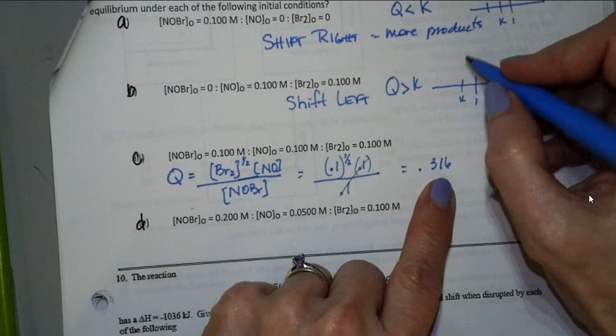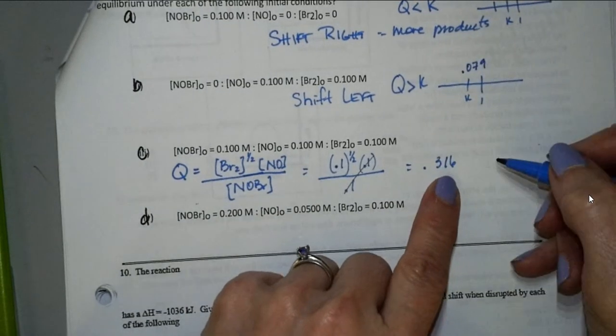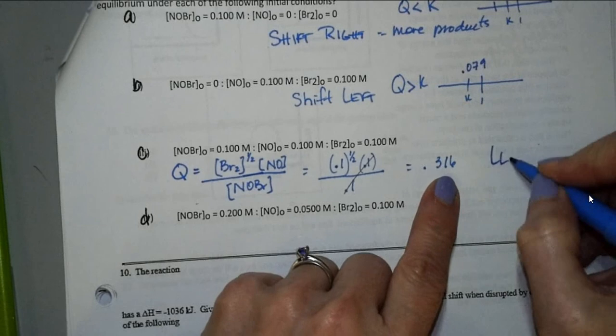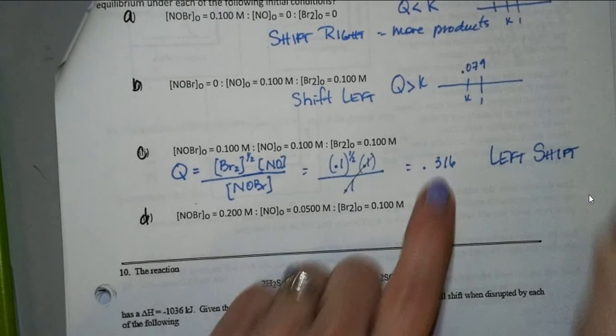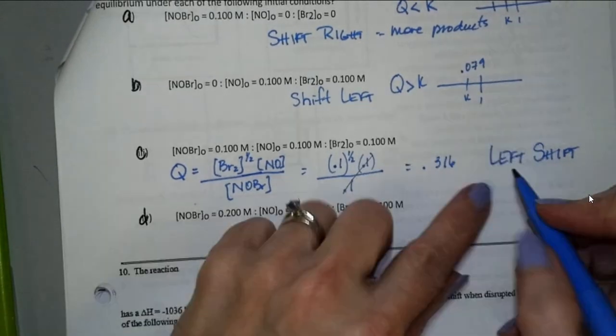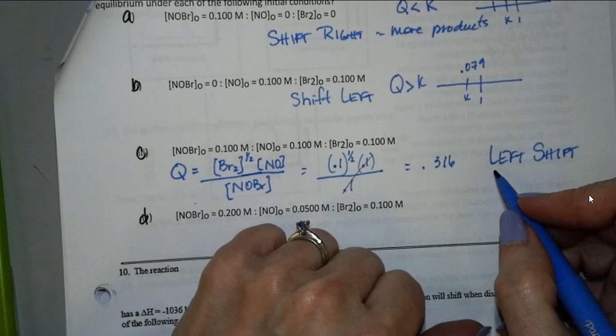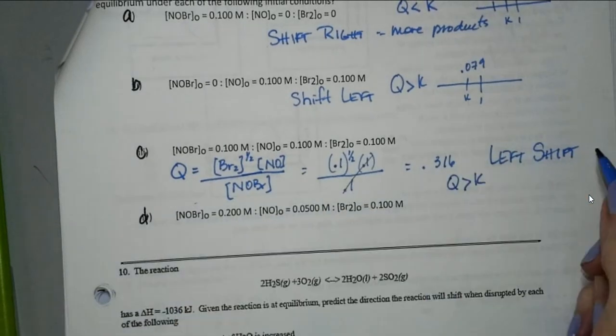Is Q greater than or less than K? Q is greater than K. That's why it had to shift to the left. Q was way over here. Is it still less than 1? Yeah, still less than 1, but Q is way over here. So it's greater than K. It has to shift to the left to get there. Yeah? Okay, do letter D.